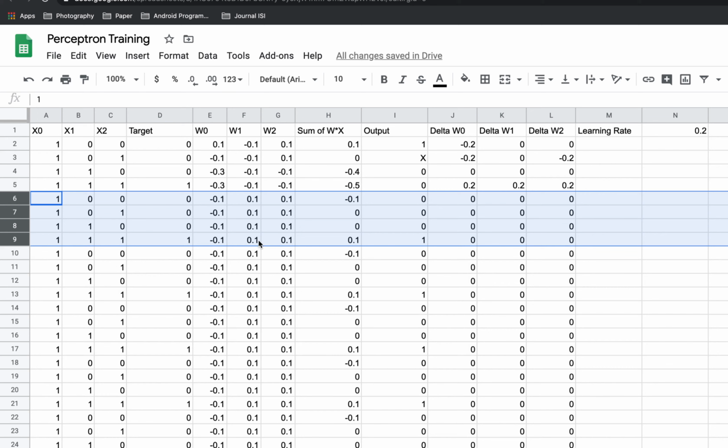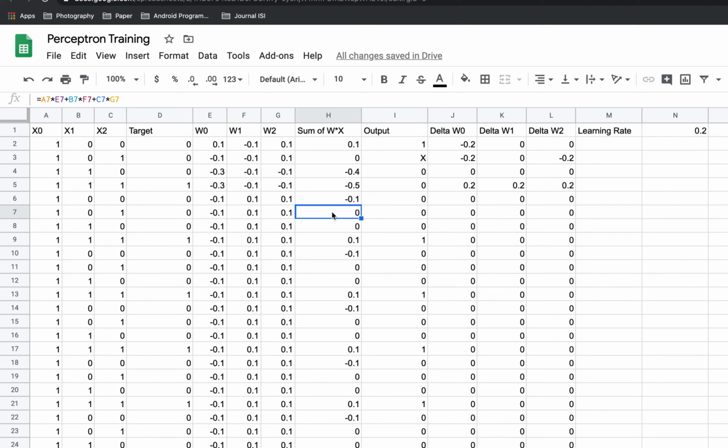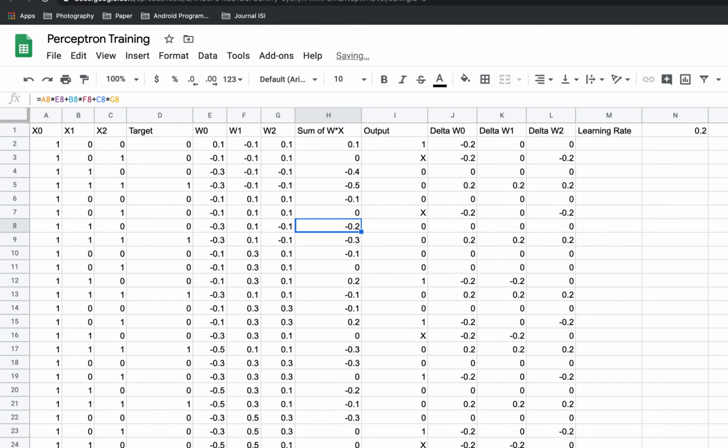Can you see? But actually we don't want it to be like this because the summation is 0. I have to check this one first: h greater than 0 is 1, else if less than 0 it is 0. But I don't know why, maybe it is the precision of the values.